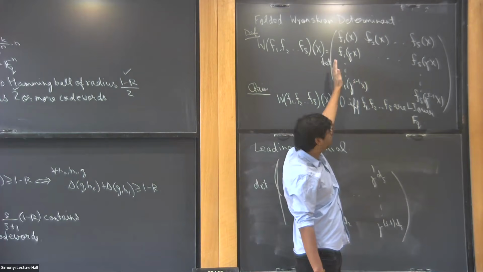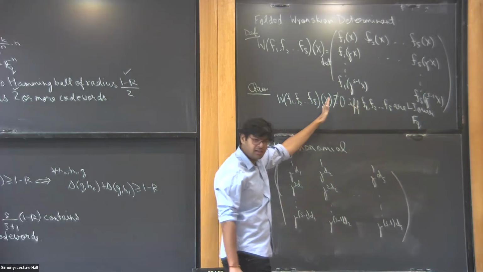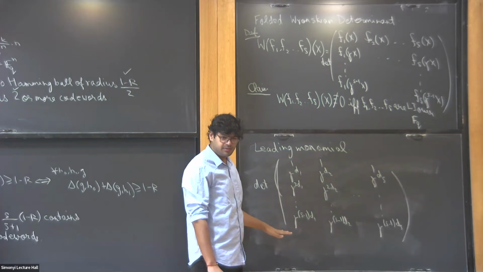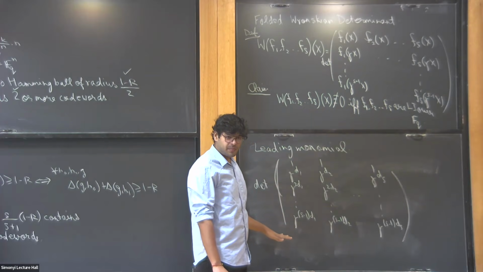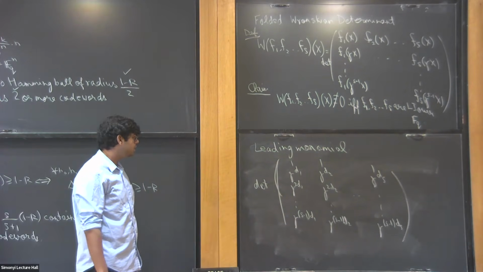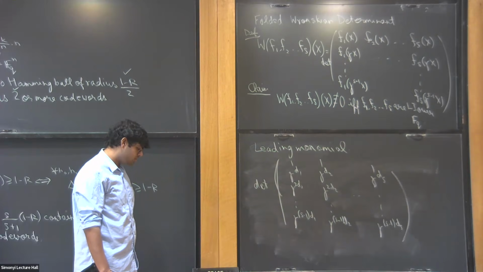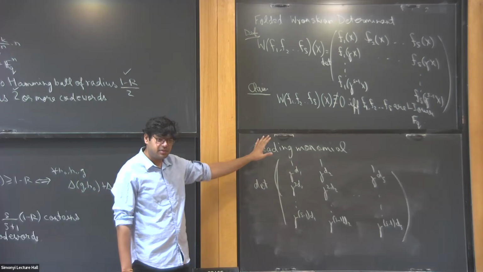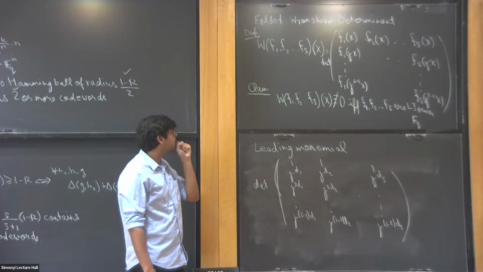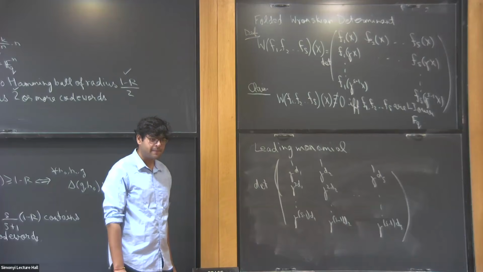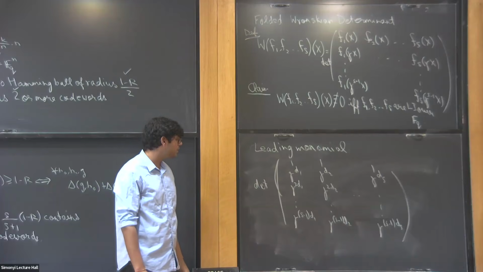If you collect all the x's separately, the constant next to x term will just be this. The first column is responsible for x to the D1, the second for x to the D2.